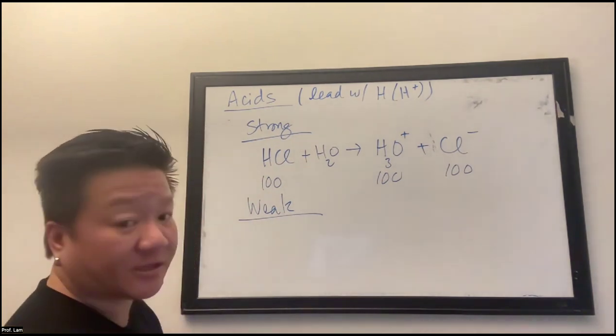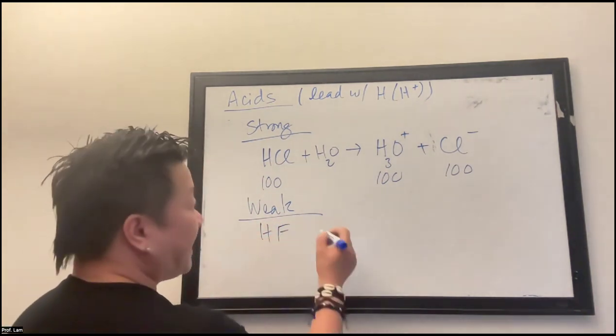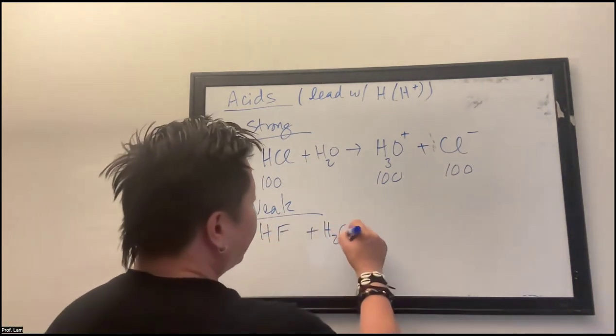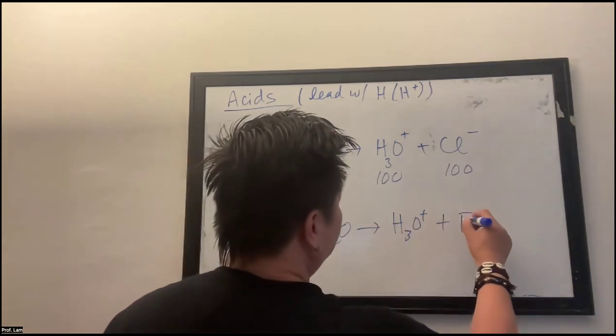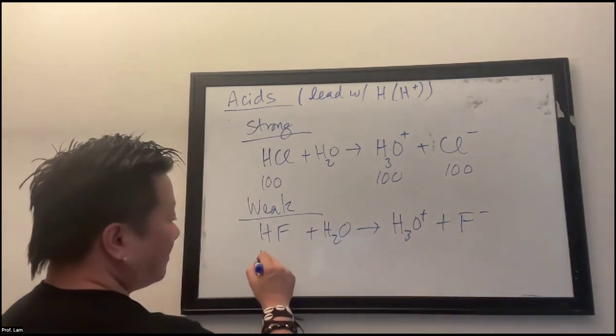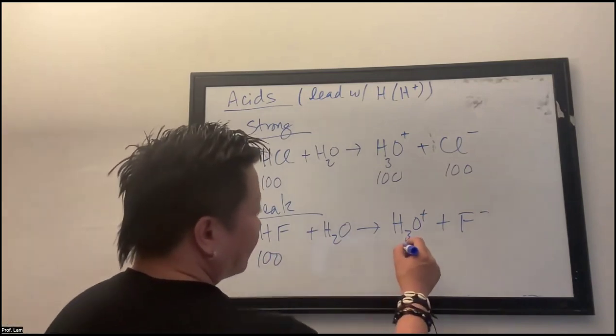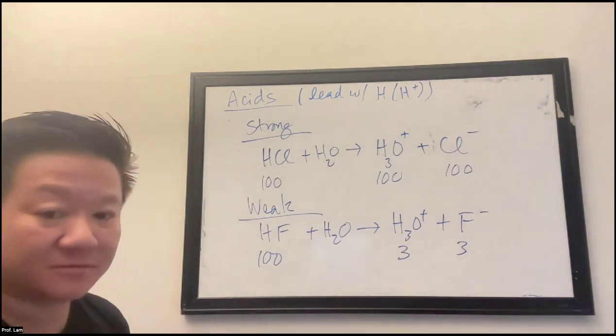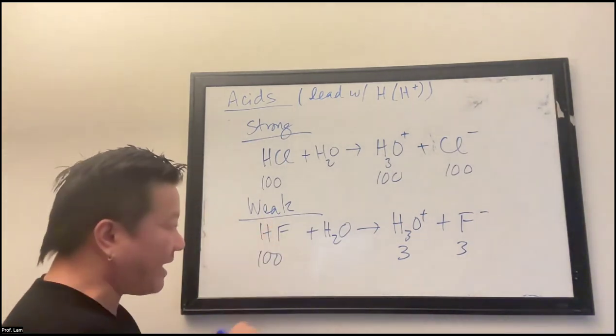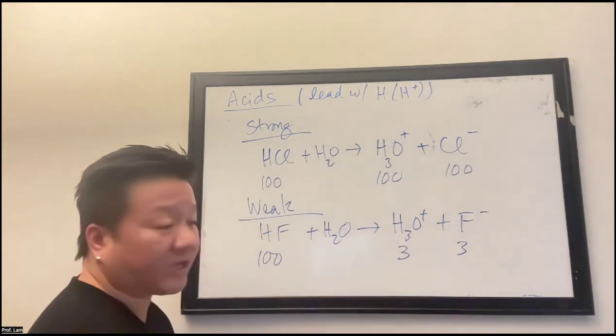A weak acid, on the other hand, would be like HF. If you put that in water, only 3% will dissociate. So only 3 out of the 100 HF will give hydronium.